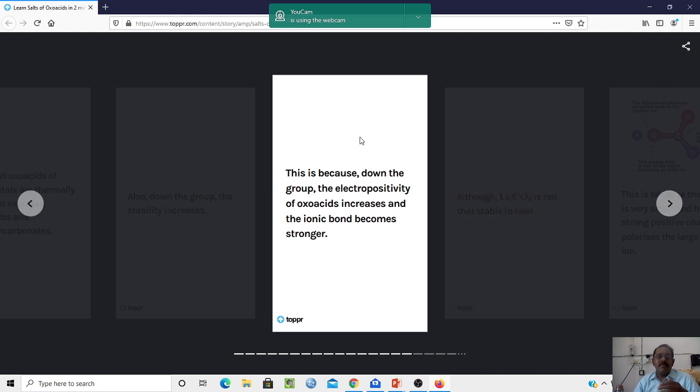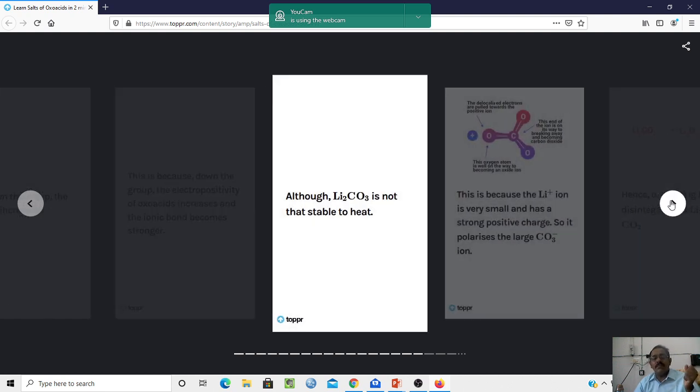This is because as we go down, the electropositive character increases and the ionic bond becomes stronger, and hence the stability increases. But lithium alone is a little bit out of this, and it is a little bit unstable. Suppose we heat lithium carbonate, carbon dioxide and lithium oxide will be formed.